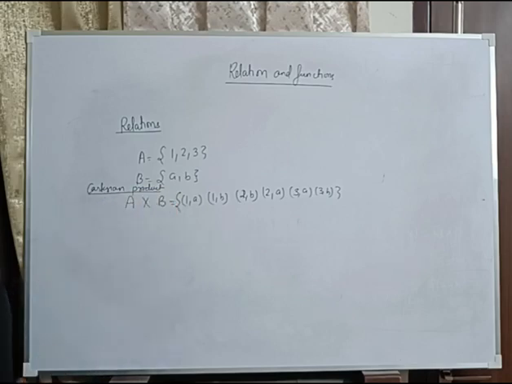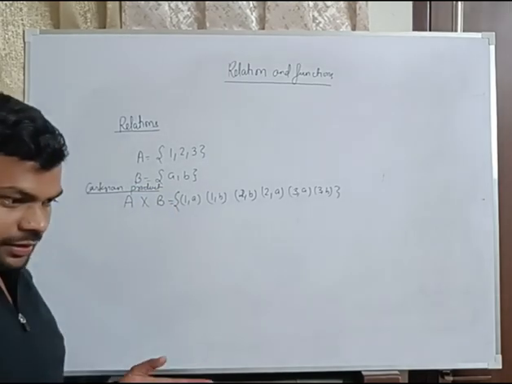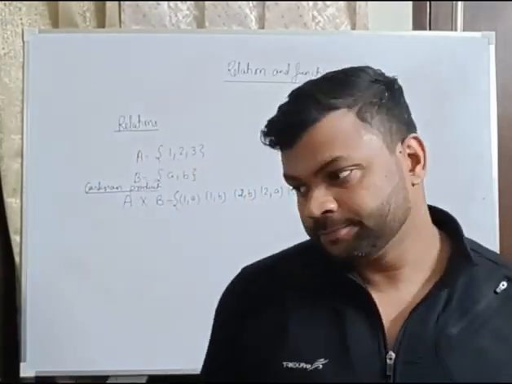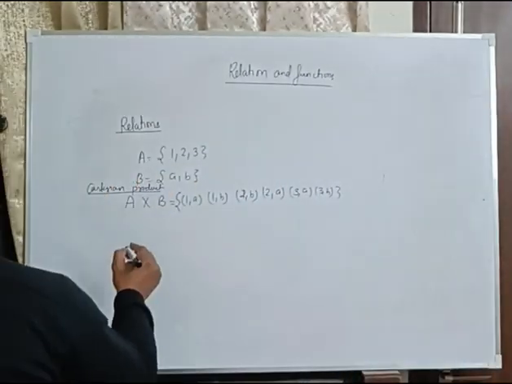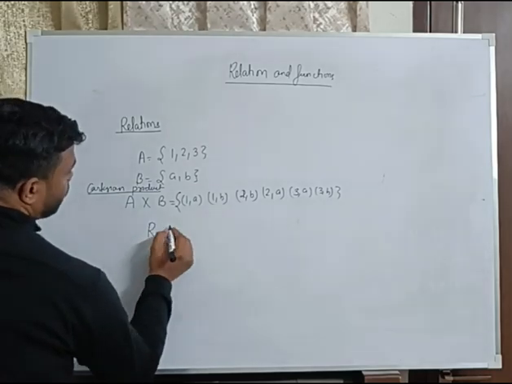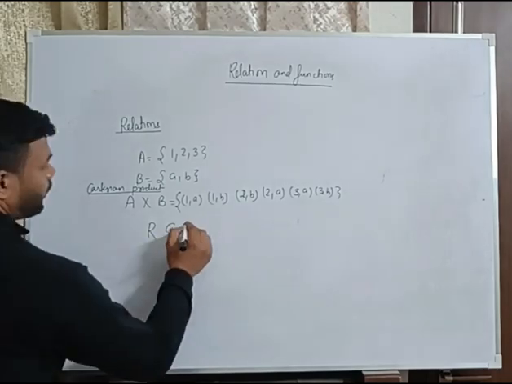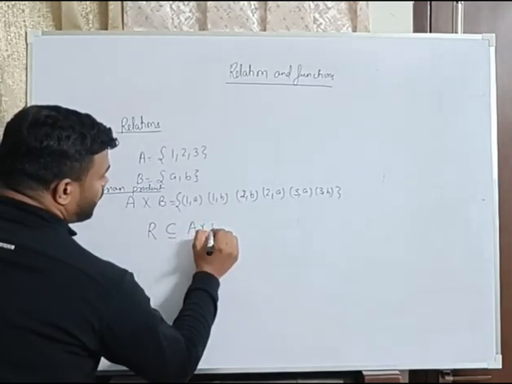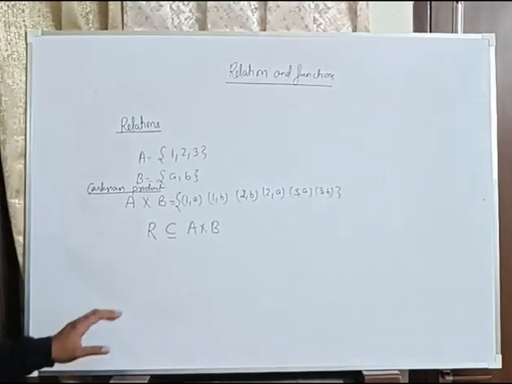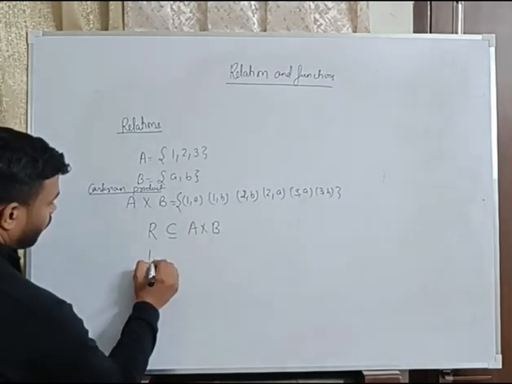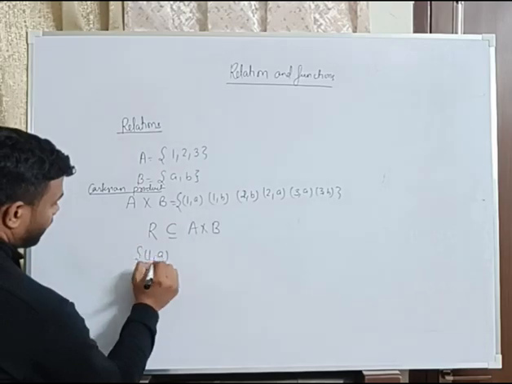So a relation is a subset of a Cartesian product. If we have a relation R, then R is a subset of, or it can be equal to, the Cartesian product. So relation is the subset. For example, is (1, a) a relation? Yes.